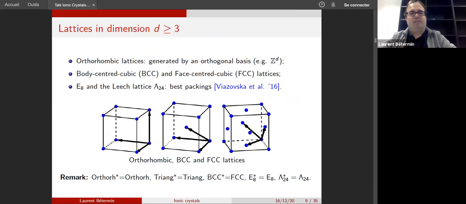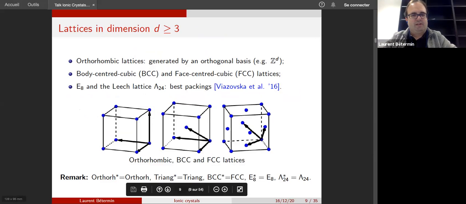And of course, in dimensions 8 and 24, we have these two best packings that are E8 and the Leech lattice Lambda_24. The last thing to know about these lattices so far is that the dual lattice of an orthorhombic lattice will be orthorhombic as well. And the dual lattice of a triangular lattice will be a triangular lattice, just a rotation of it.